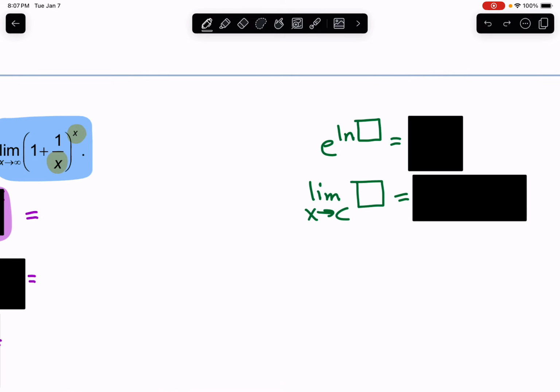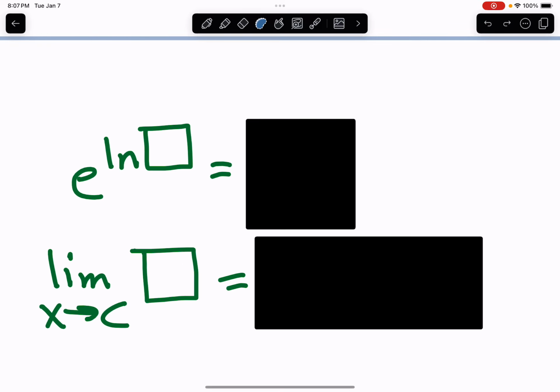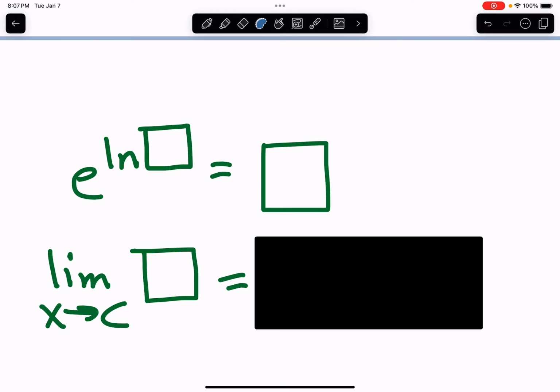Before we start that example, let's come to the side here and review a little bit of Algebra 2. If I have e to the natural log of anything, that is going to be equivalent to whatever the anything is. That's because e to the natural log of something is a composition of inverse functions, so those technically cancel each other out.